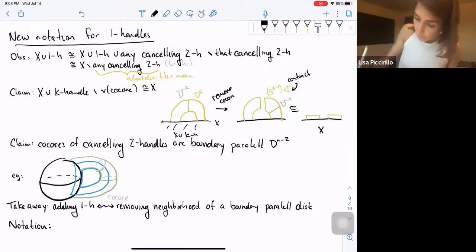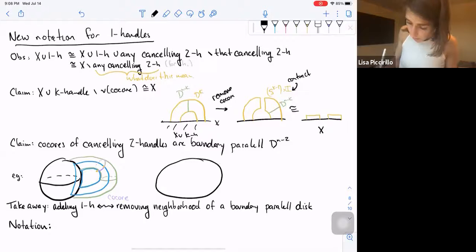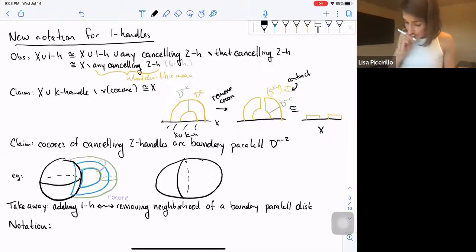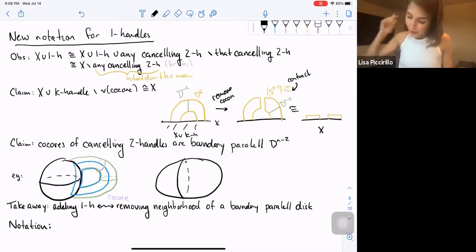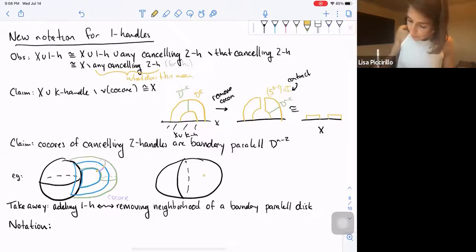Okay, so what that means for us in practice is that if you don't know where that one and two handle came from, if I just give you this total space and say, hey, can you cut out a co-core of a canceling two handle for me? Well, in fact, you do know how to do that. What you need to do is find some boundary parallel D^(n-2).